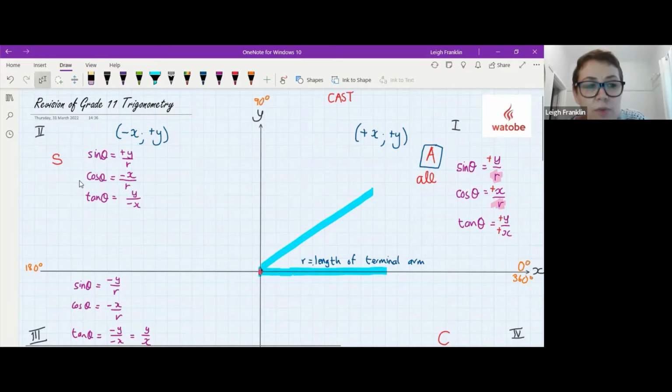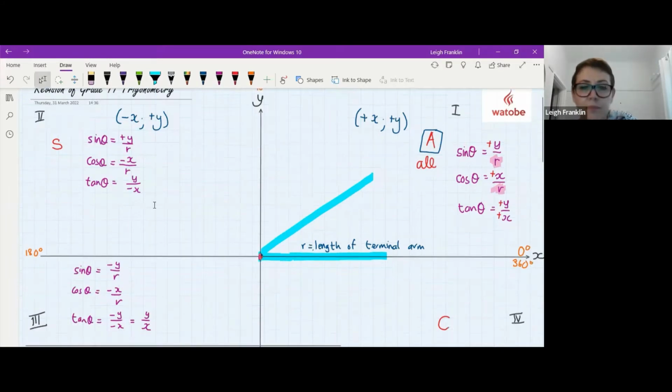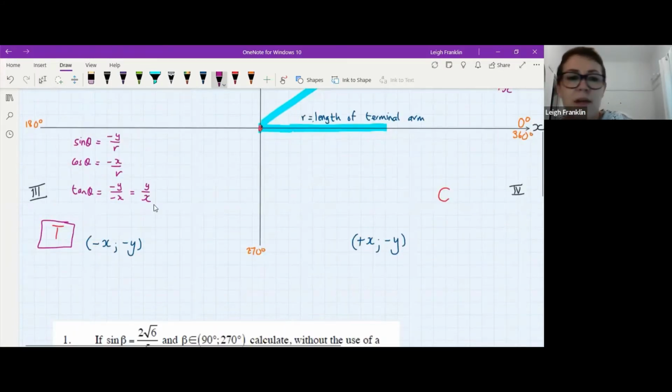Can you see, the reason we have an S here is because sine theta is the only ratio that is positive. And then we end up over here in quadrant number 4, and sine theta is negative y over r, cos theta is positive x over r, and tan theta is negative y over x.